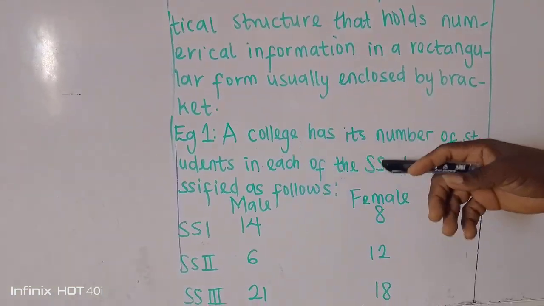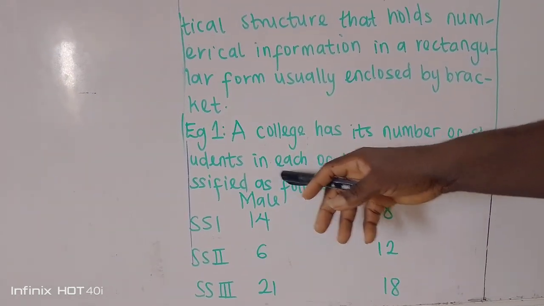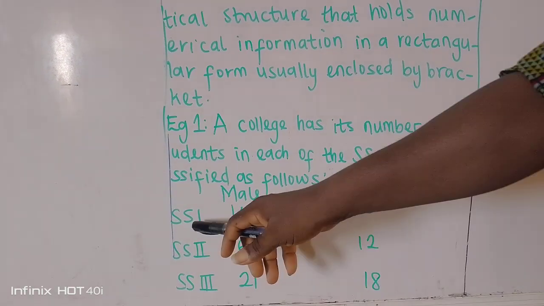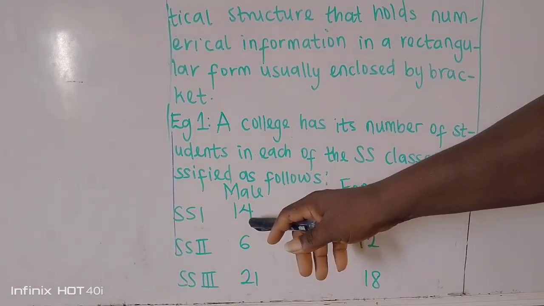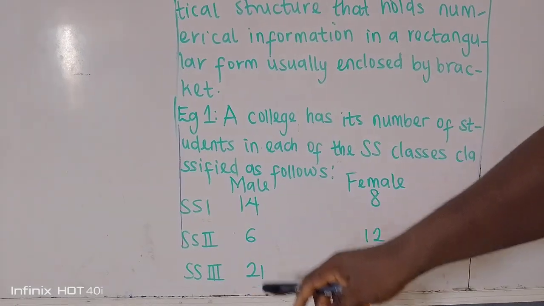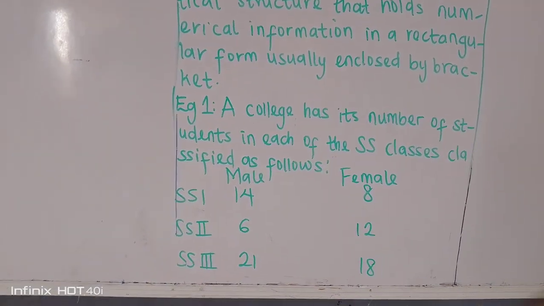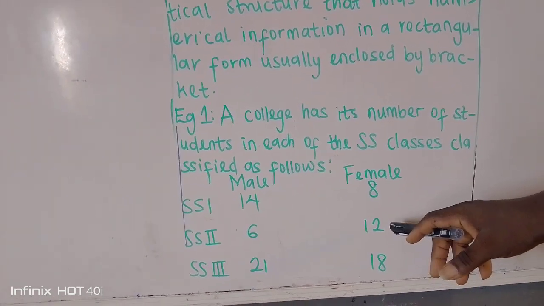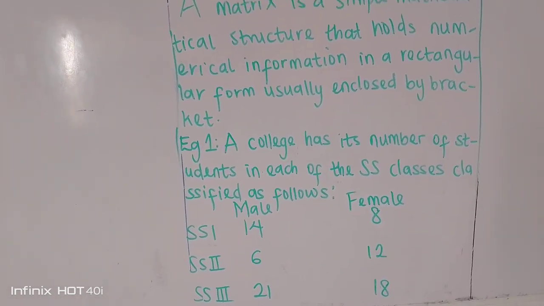A college has its numbers of students in each of the SS classes as classified as follows. In SS1, the males are 14, SS2 6, and SS3 21, while the females in SS1 are 8, SS2 12, and SS3 21.